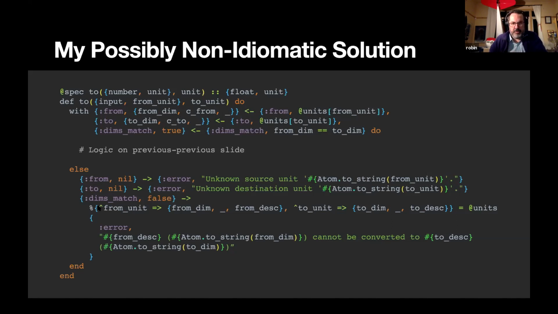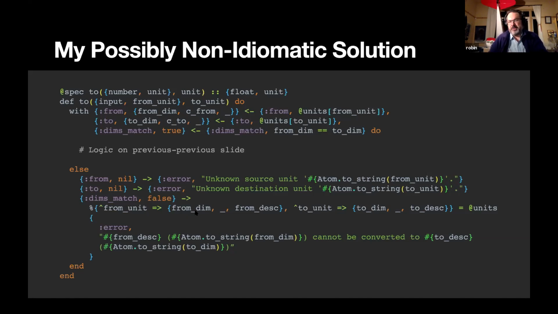Notice those little carets, they've got me in the past, but I'm getting better at remembering those. Those are pins in the pattern to say, use the value, for people who don't know, that means use the value in that variable in this pattern match. Don't assign something on the right-hand side to this variable, pin this one so that the pattern fails to match if the current value in that variable doesn't match what's on the right-hand side.